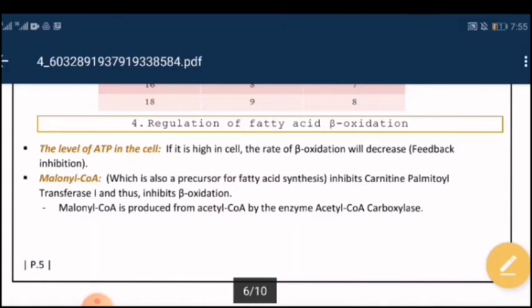And as we said before, malonyl-CoA, which is a precursor for fatty acid synthesis, inhibits CAT1. And since CAT1 is inhibited, fatty acids cannot get into the matrix, and so no beta oxidation occurs. This means that it inhibits beta oxidation.